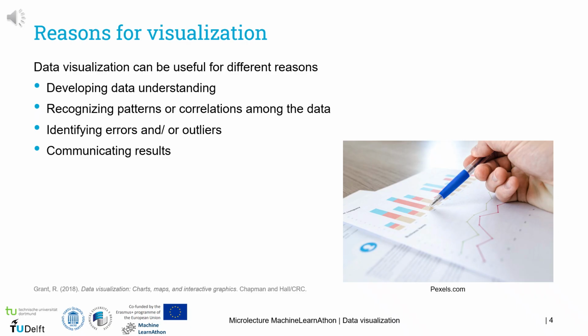It can also help you recognize patterns or correlations among the data, meaning if you plot two variables against each other, you can usually see if there's a dependency or not. It can also be useful to identify errors or outliers. For example, if you plot a timeline and you have a date that's in the future or way in the past that should not have been recorded, then this usually signifies an error.